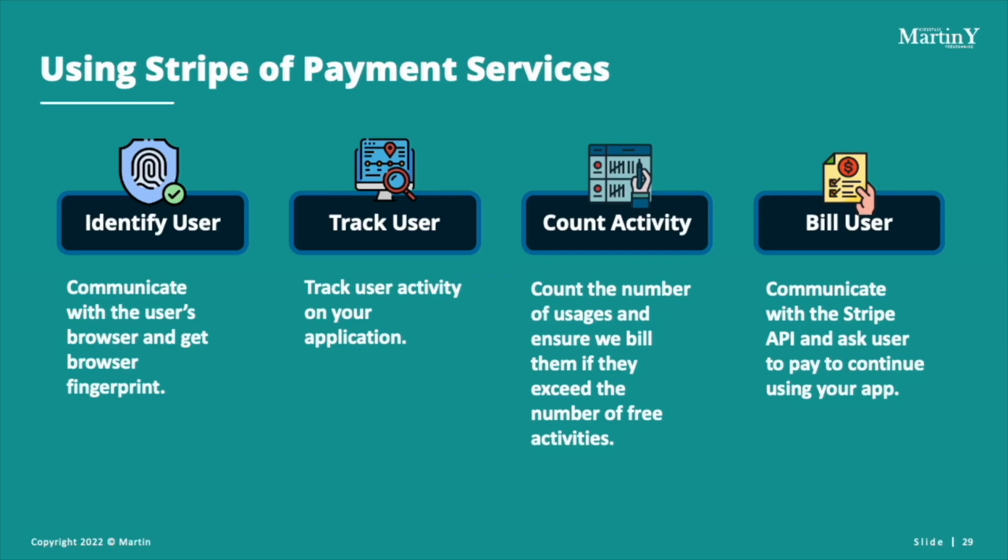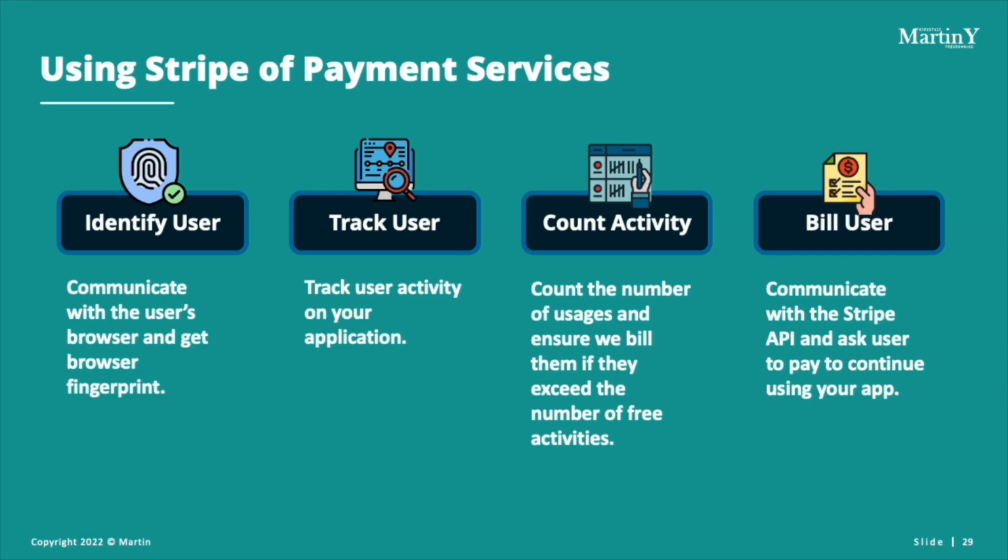After that, the next step is going to be to track the user. Once you have the user identification, like the fingerprint, then you can track how many times the user has used your application. For example, maybe you want to set an algorithm where if the user uses your application more than 3 times, then you want to charge them, so they can get some experience with the application first.